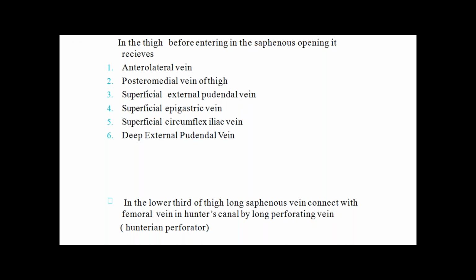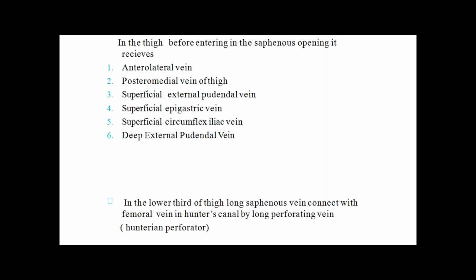So in the thigh, before entering the saphenous opening, it receives these main tributaries, which should be kept in mind, because during open surgery, that is the open Trendelenburg's operation, we should ligate all these tributaries before dividing the superficial long saphenous vein.